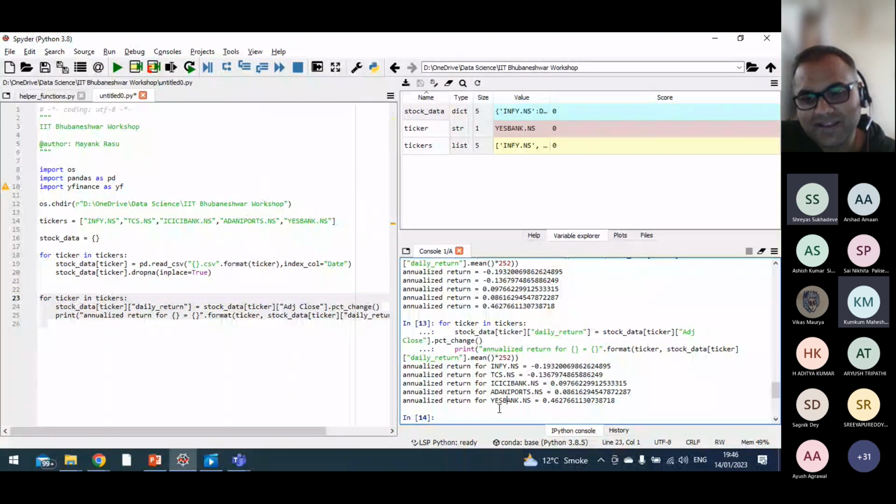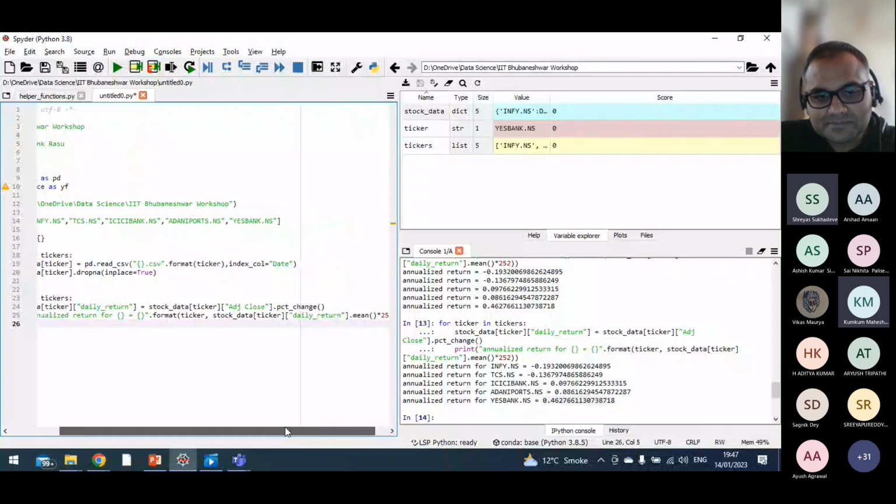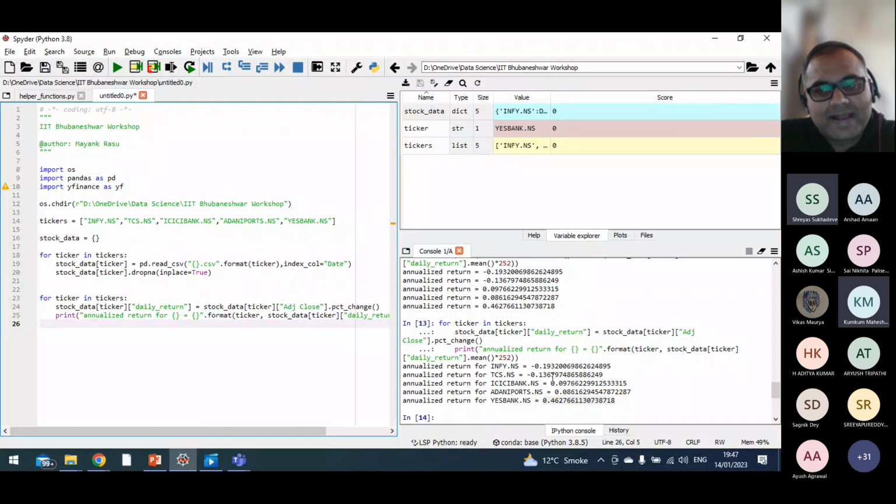And that's because, again, Yes Bank is a turnaround story. I don't know how close you are to the financial market, but there were some corruption issues with Yes Bank, and that really tanked its stock. But now there's a turnaround, and that's why you have this level of return. So using this basic analysis, you can make up your mind which stock you're interested in going forward.